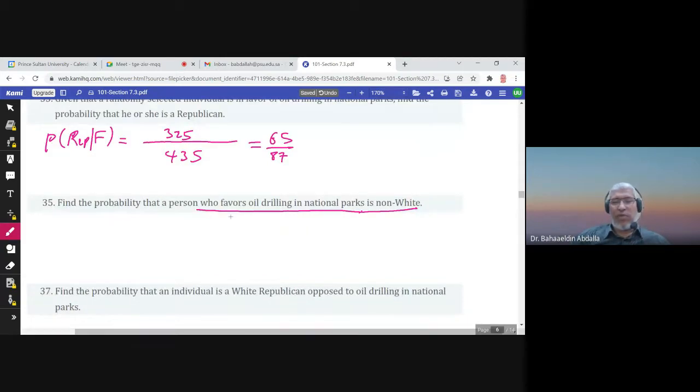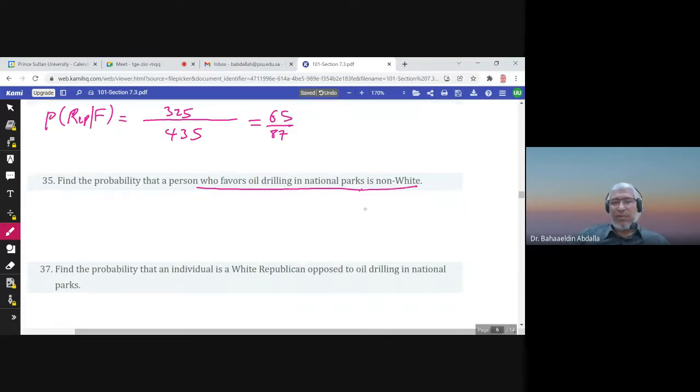Find the probability that a person who favors oil drilling is non-white. So it is conditional. We know that he favors oil drilling. It is another way of asking about given that.